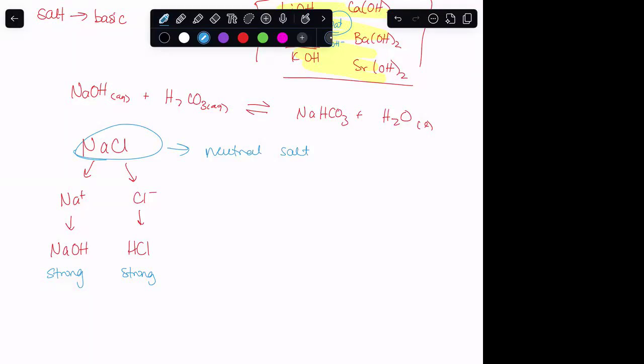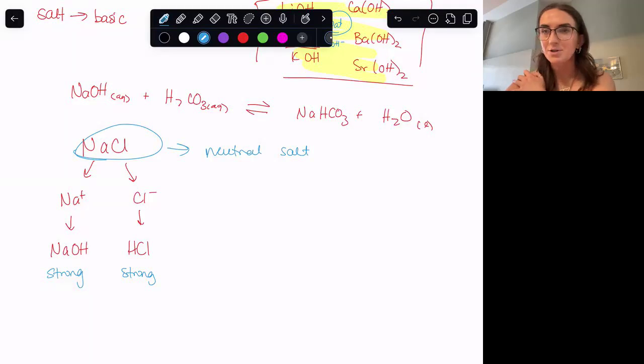And would the same be true with weak acid, weak base? No. So with weak acid, weak base, you have to do a little bit more. More often than not, we'll ask you about a salt that comes from a strong acid, strong base, or a strong acid, weak base, or a strong base, weak acid.